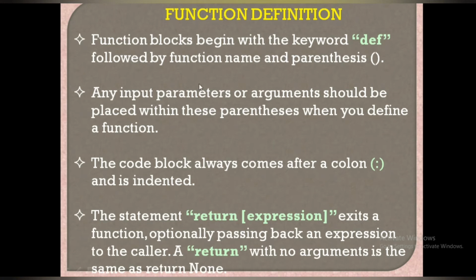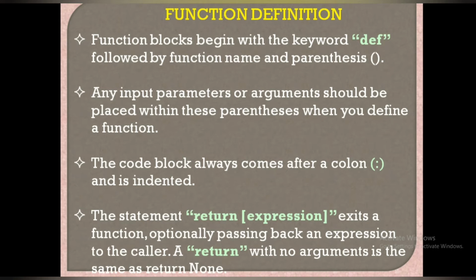Now let's see how to define a user defined function. Function blocks begin with the keyword def followed by the function name and a parenthesis. If we want to create a user defined function, then we must use the keyword def.